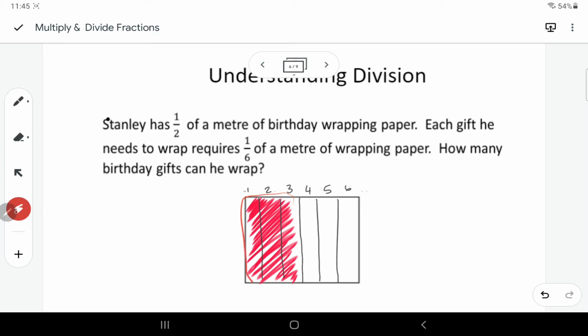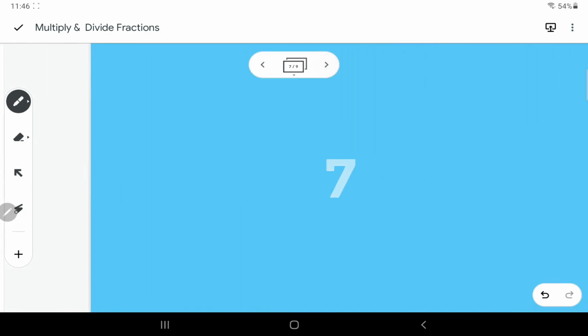So in the half a meter of wrapping paper that he has, he could wrap 1, 2, 3 gifts. Because 1/2 divided by 1/6 is 3. So we're going to look at the process of how that happens.